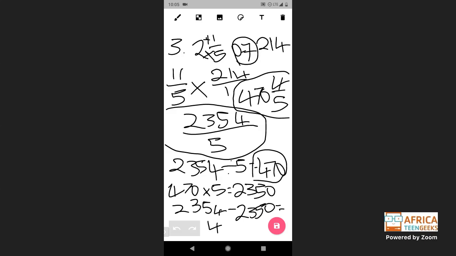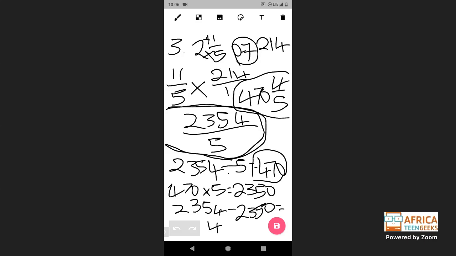But in this case, guys, when we have this kind of fraction, you need to find your highest common factor. The number that goes into 2,354 and doesn't leave anything, and that very same number must go into 5 and doesn't leave anything. So in this case, there's no highest common factor.